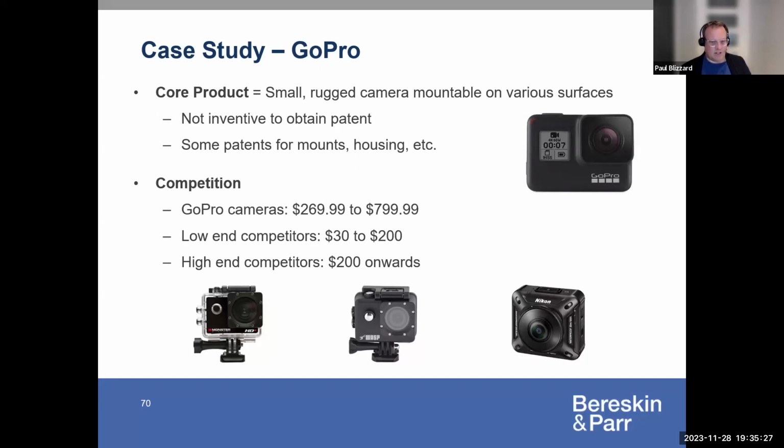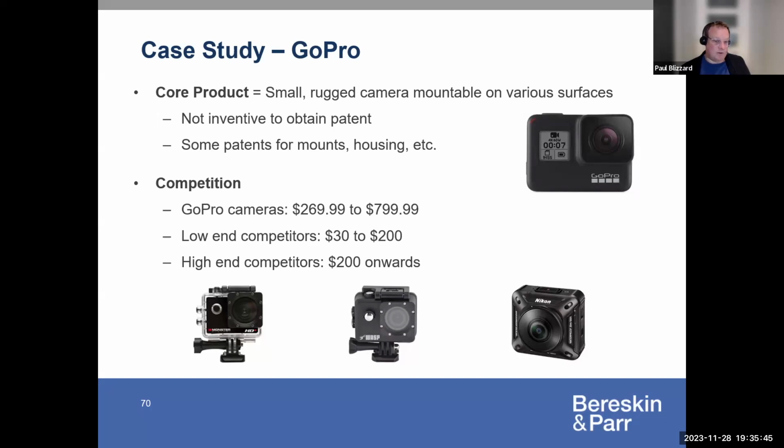He liked to do lots of outdoor stuff. At the time, there were a lot of competitors in this space. Cameras have been around forever. There were a lot of action cameras available at the low end that were very cheap.